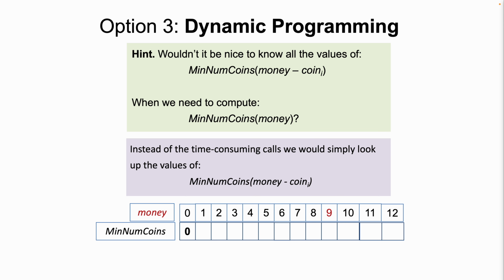So he said, instead of doing all those time-consuming calls where you're computing and recalling the same function, what if you just keep track of every cell value so that you only had to compute, like, the min coins 3 once, and then you just look it up, okay? And that's fundamentally what dynamic programming does.